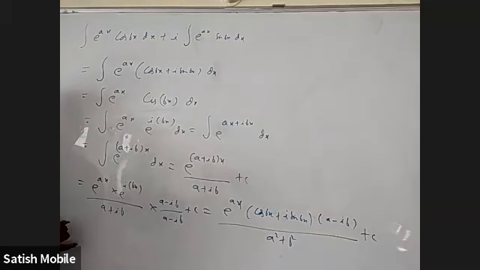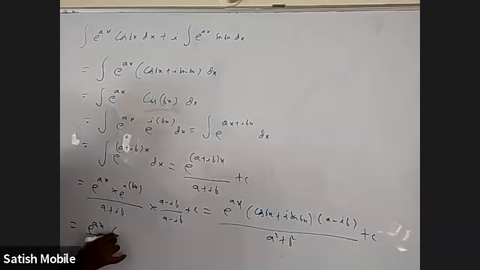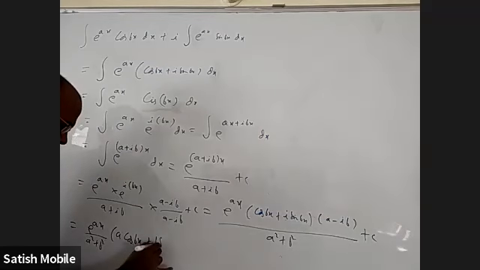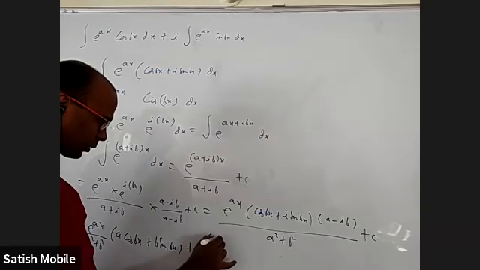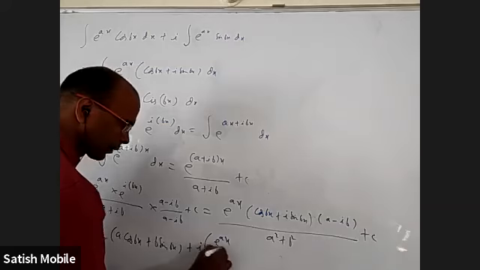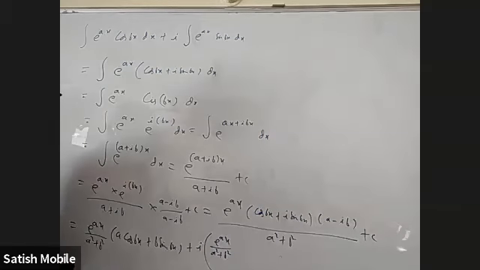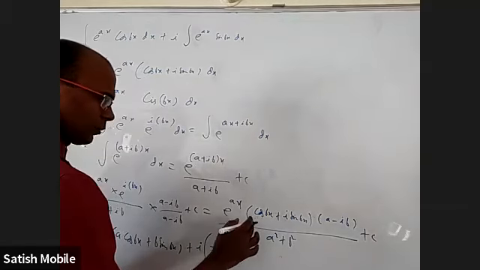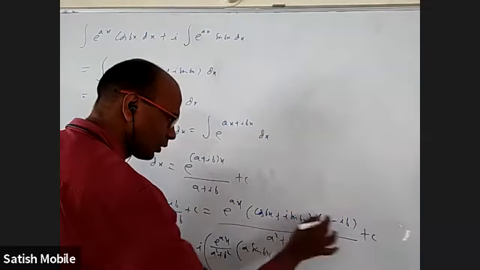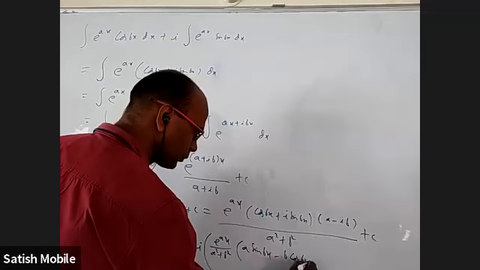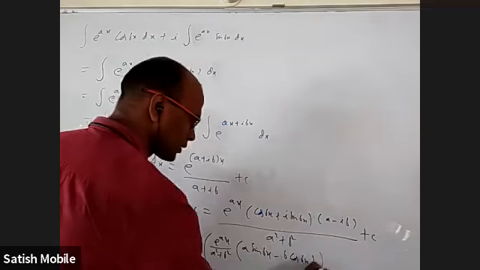Now, when I separate the real part and imaginary part, the real part will come as e power ax by (a square plus b square) into (a cos bx plus b sin bx), plus i into e power ax by (a square plus b square) into the imaginary part, which is (a sin bx minus b cos bx), plus c.